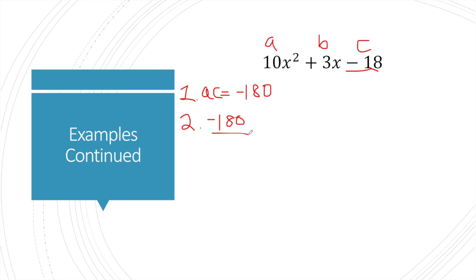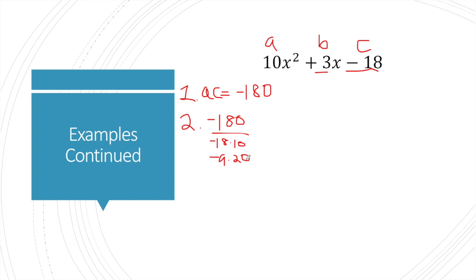Now, negative 180 could factor into a negative 18 and a 10. Okay. Negative 18 plus 10 gives us negative 8. That's a no-go. We're looking for 3. How about negative 9 times 20?